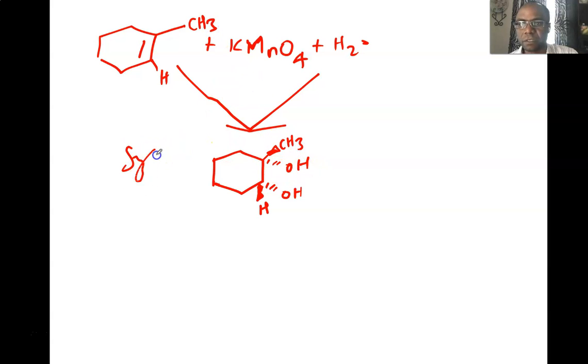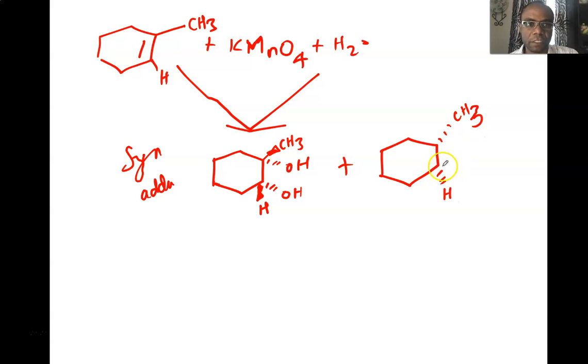Again, I told you it should follow syn addition too. Or you'll get it like this. So I'm showing what we call stereochemistry. If stereochemistry is not needed, you'll be told. So CH3, H, this time we are adding our 2 OHs from the top.